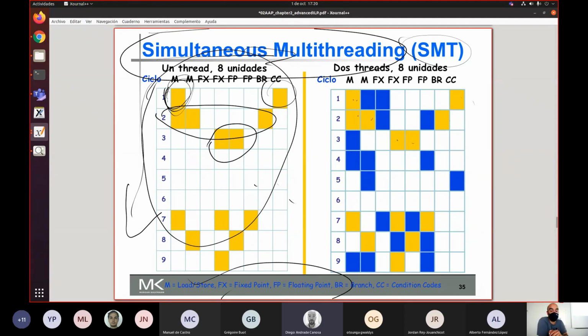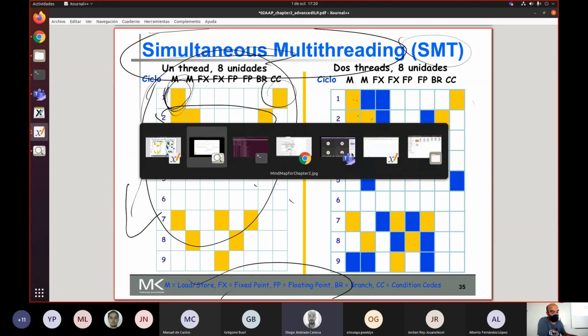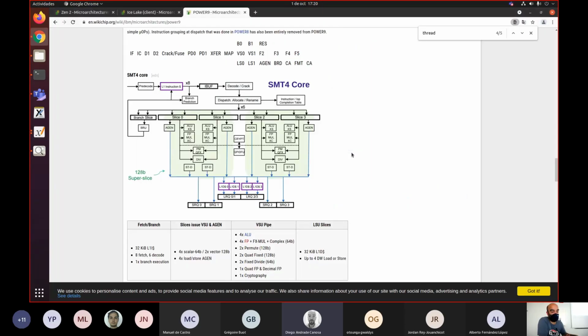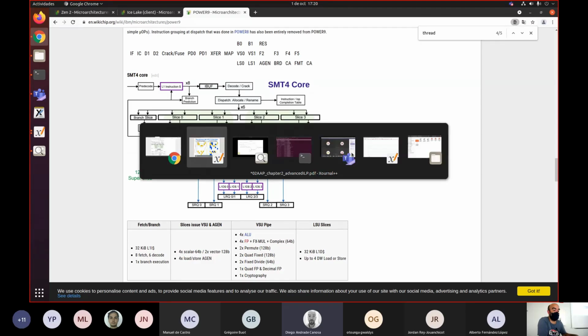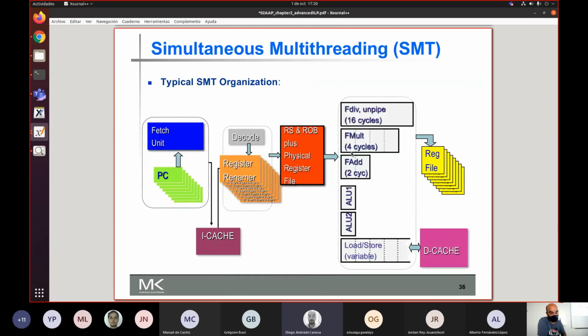I believe all three architectures that I linked in the chat use this, or have some of these capabilities. So in hardware, what do we need? We need several program counters, not as many as are represented here, but several program counters, one per thread.